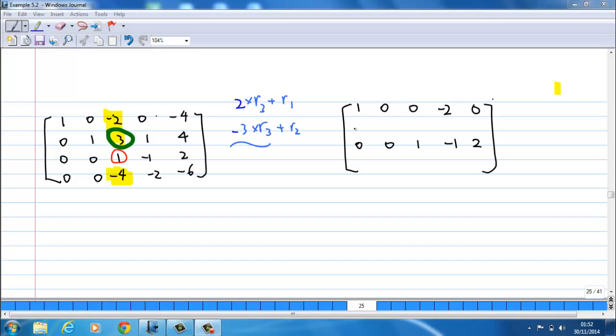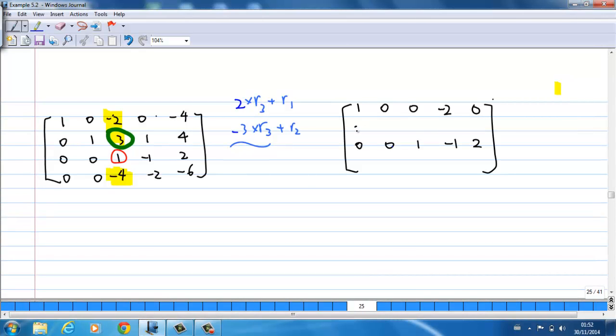In order to create a 0 in the second row, third column, I can take third row times minus 3, add it to second row. Then the second row becomes 0, 1, 0, 3 plus 1 is 4, minus 6 plus 4 is minus 2.